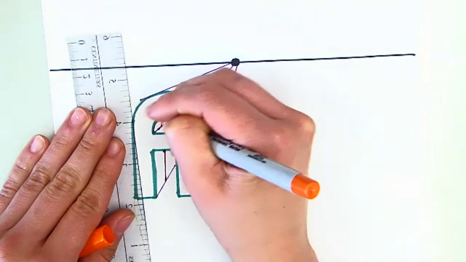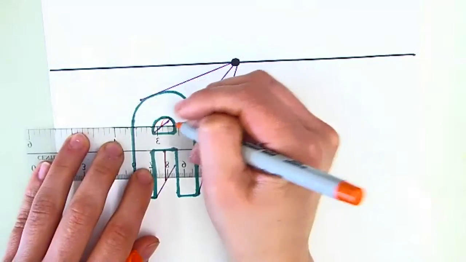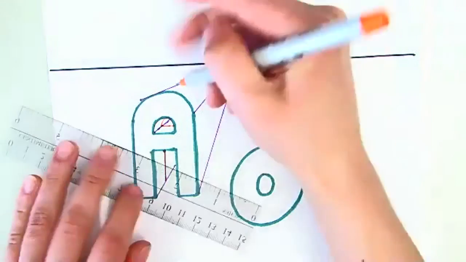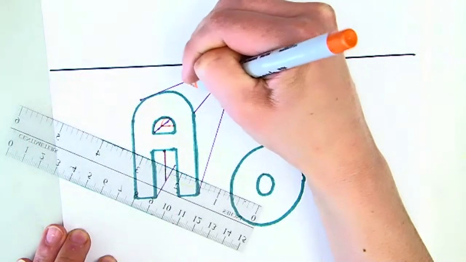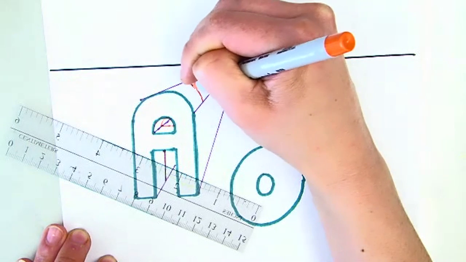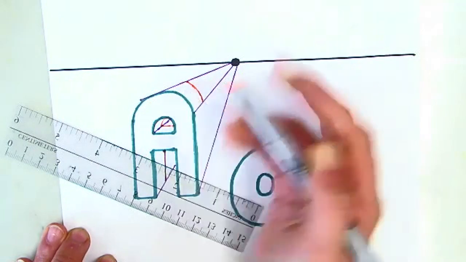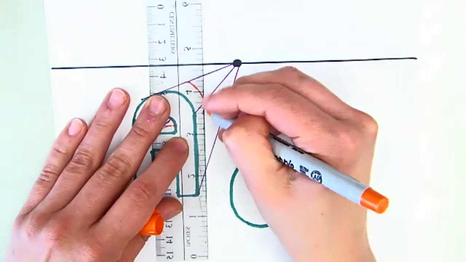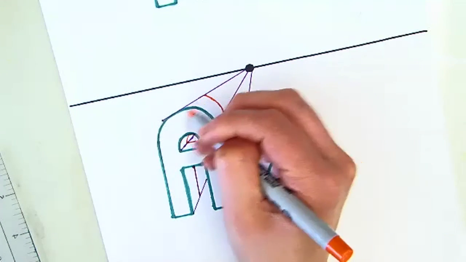So you're going to have to echo the shape of the round parts and use that to create the depth. So take the round part of the A and as best you can, echo that shape to where it meets the line. All right. And so now you're just kind of coloring in.